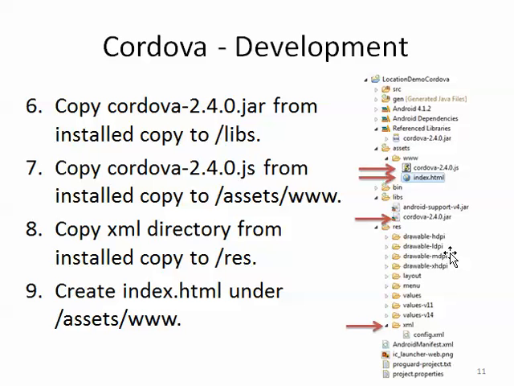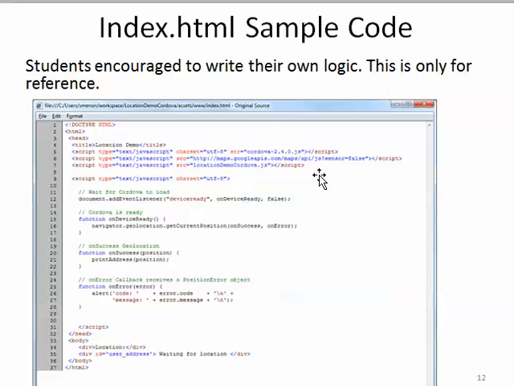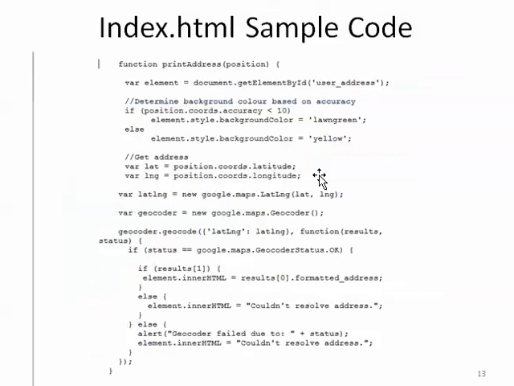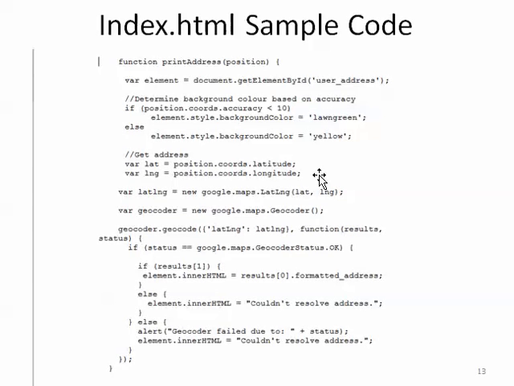Again, this is just to give you an idea of how the process will be, adding that there. Then there is a simple HTML document in which we're developing, basically using JavaScript and some logic about the app that we want to build. And so here we have all the code that we needed.